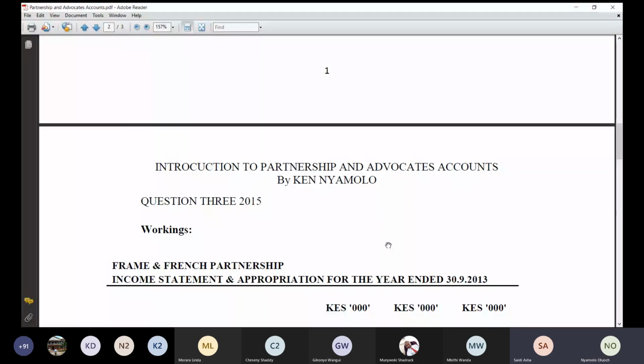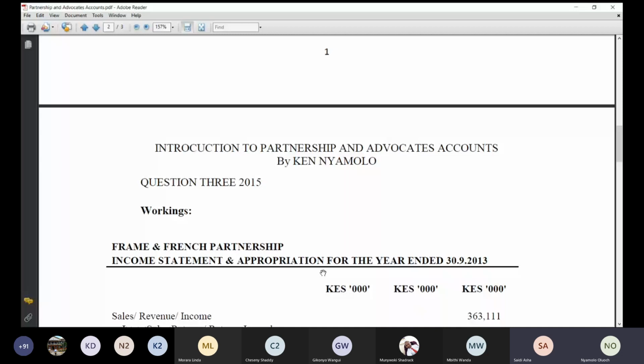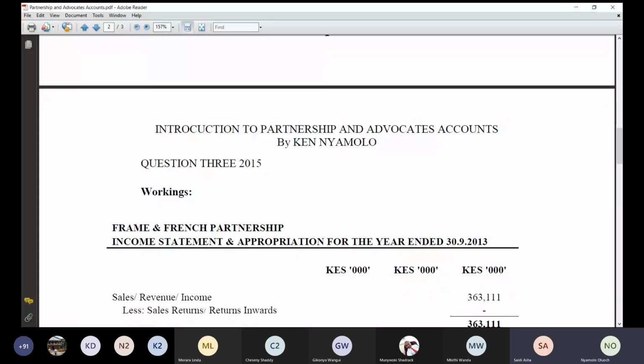Expenses that were accrued, you are supposed to look at your expenses. What is your figure of expenses? We are told it is 4160, but you accrued 2115. What I was talking about, truncation, if you look at the top here, our figures are in 000. You look at your expenses in that particular question paper, you will see it is 4160.